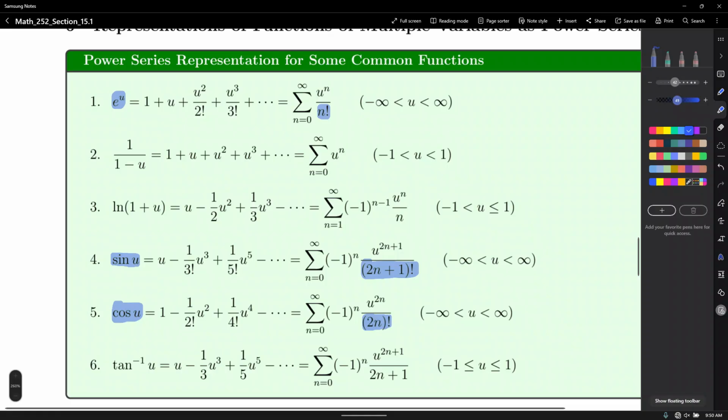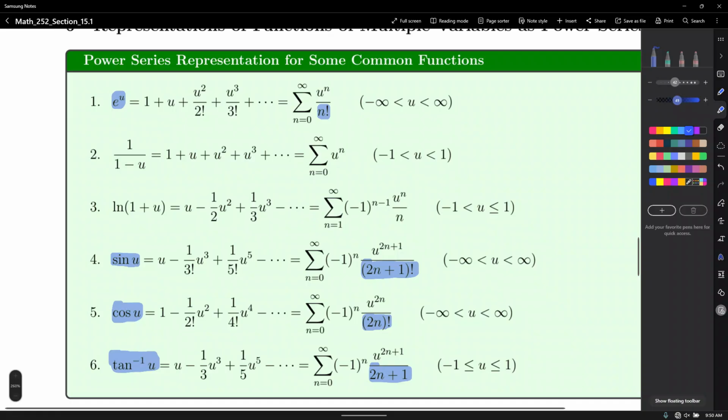That's an even factorial, even powers of u. That means you can relate it to the fact that it's an even function. The arctangent function is similar to the sine function, but it doesn't have the factorial in the denominator, right? So that's how we can distinguish between the two.